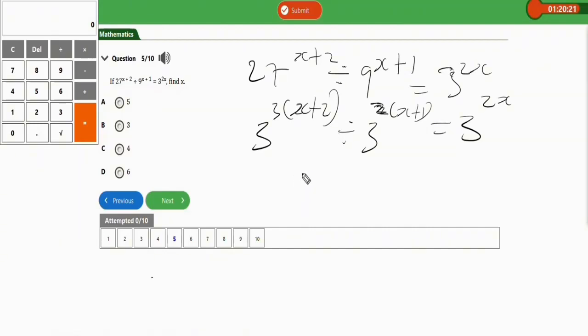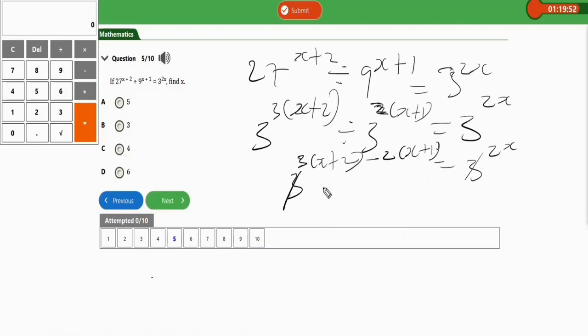So this is the same thing as 3 to the power, when you break down, let's just do 3 times x plus 2 minus 2 times bracket x plus 1 equals 3 to the power 2x. Okay, so at this juncture, this base can cancel this base we have here.